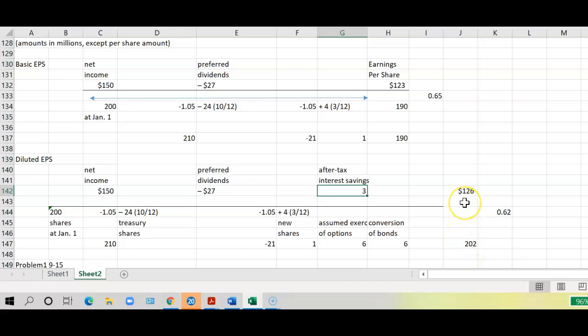So we have 126 million divided by 202 million to give us 62 cents of diluted earnings per share. Because it is less than the basic earnings per share of 65 cents, we would report the diluted earnings per share.